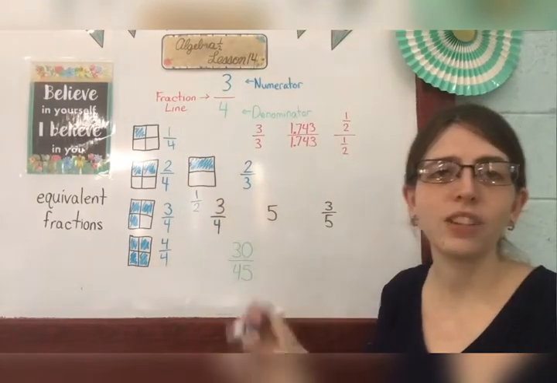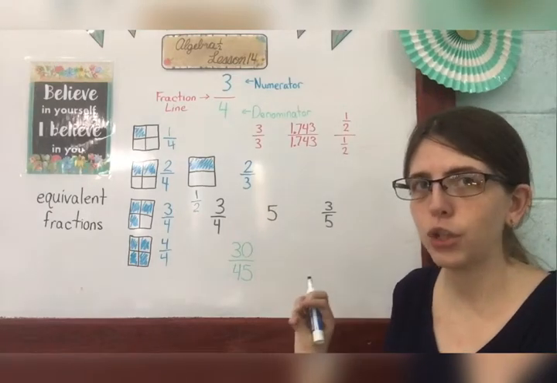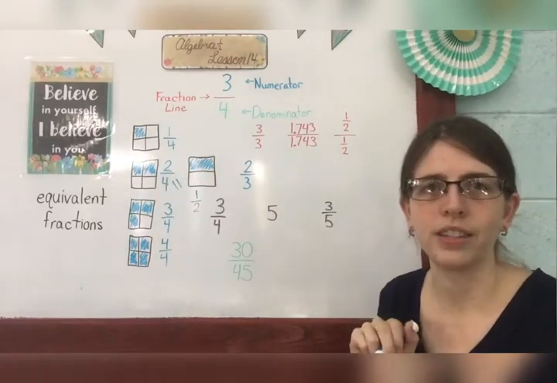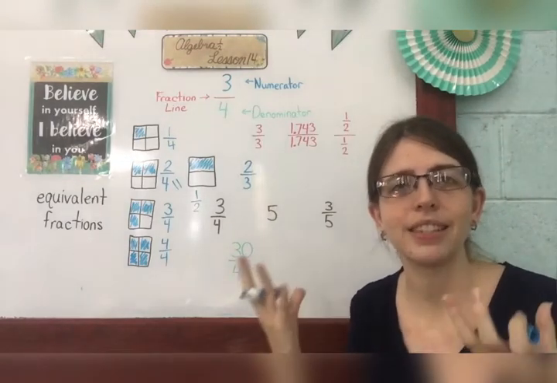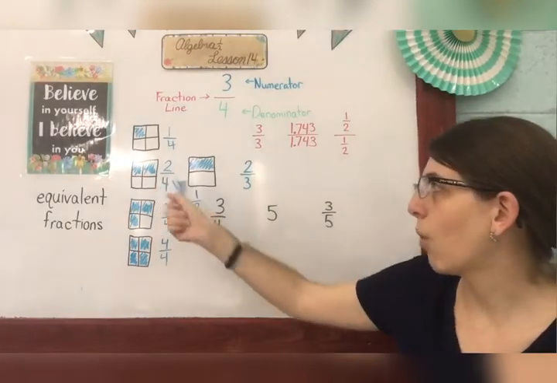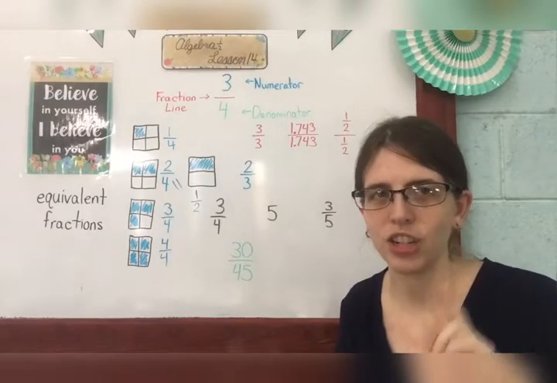My 2 pieces are bigger, but it's only 1 of them out of 2, but it's the same size as my 2/4. They are equivalent fractions because they are really the same size fraction, but they have a different name. 2/4, 1/2.